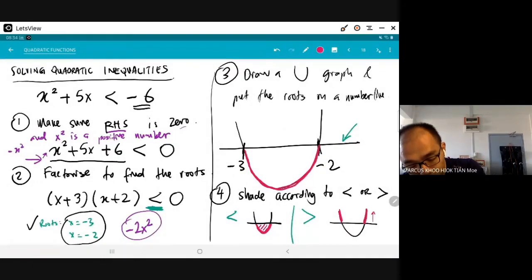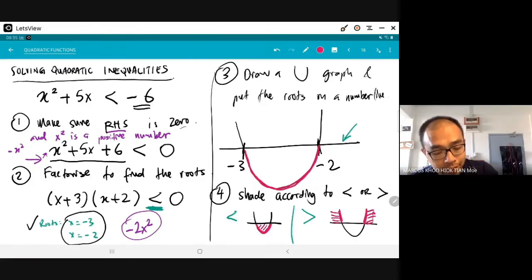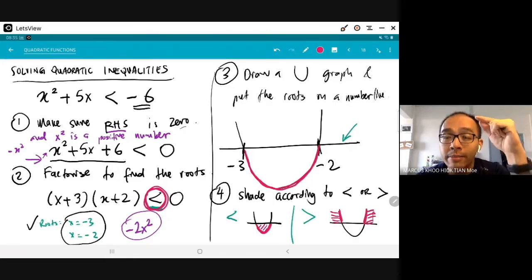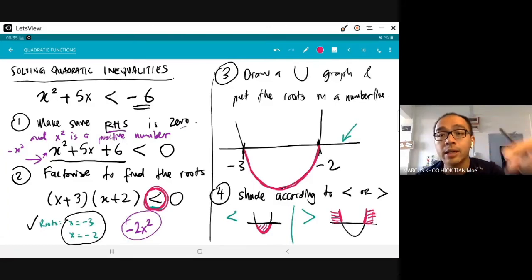So yang kamu lorek adalah this bahagian and this bahagian. Okay, jadi the inequality arah inequality itu yang akan memberitahu kamu di mana kamu harus melorek. Okay, very important thing the direction of the inequality will tell you where to shade.